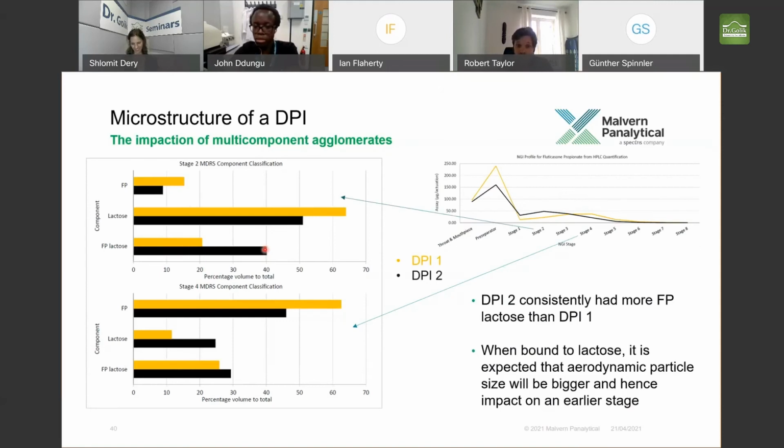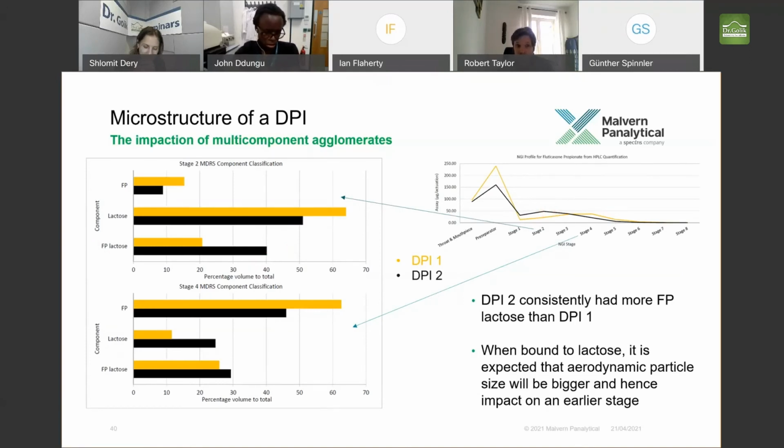So what's interesting is that DPI 2 is confirming what we've seen from the NGI data, which is that more FP is impacting here because it's agglomerated to lactose.